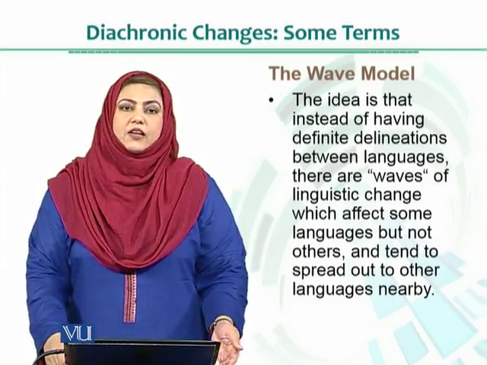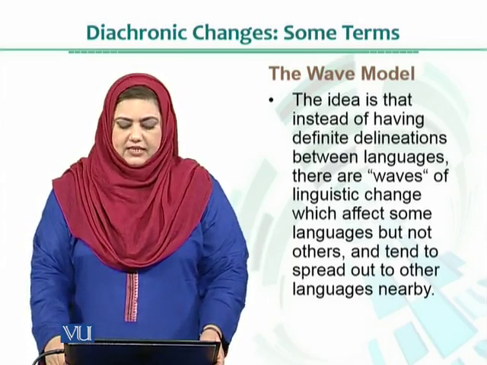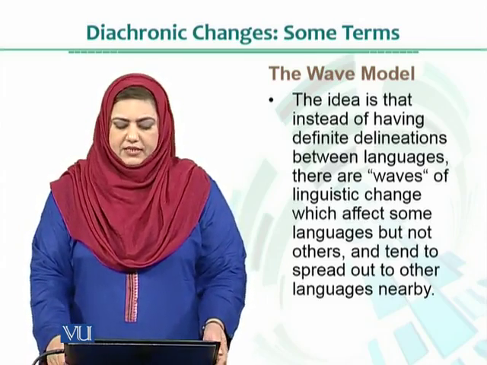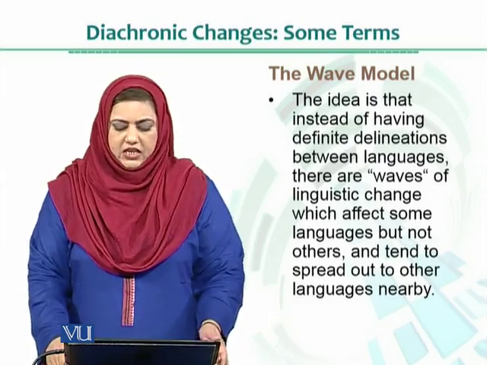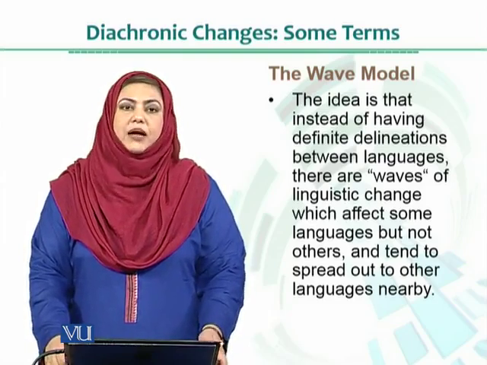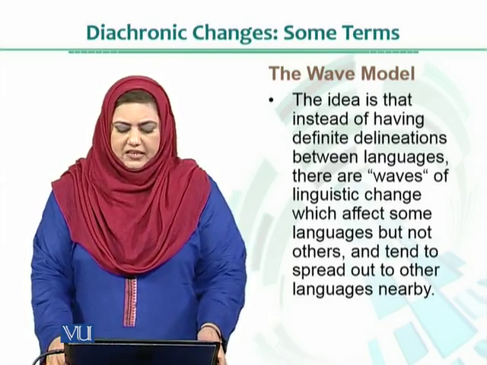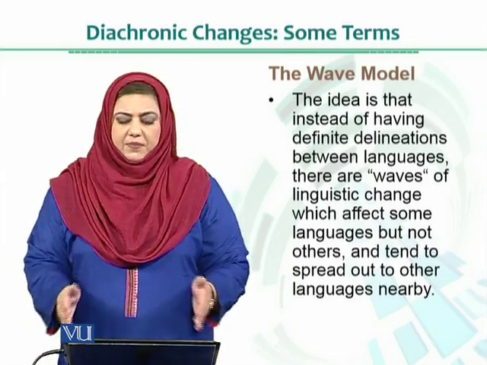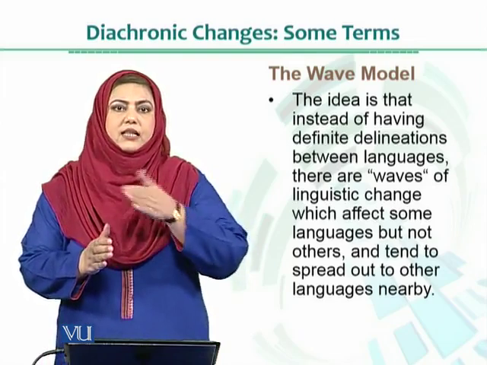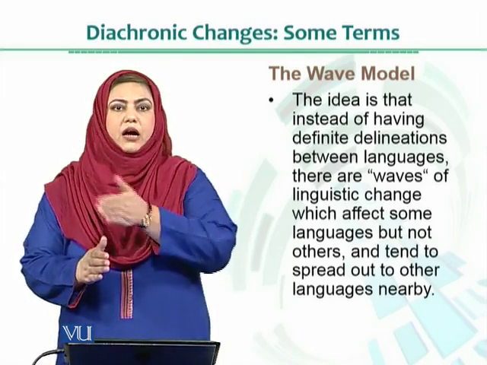In diachronic linguistics, the wave model says that instead of having definite delineations between languages, there are waves of linguistic change which affect some languages but not others and tend to spread out to other languages nearby. According to the wave model, it's like a wave, how it moves.